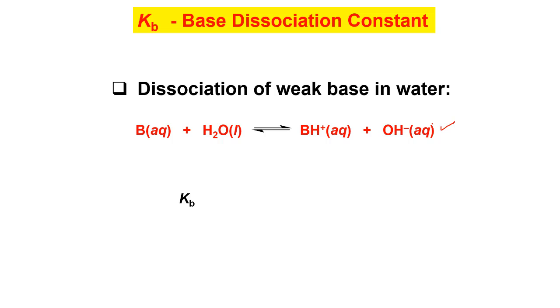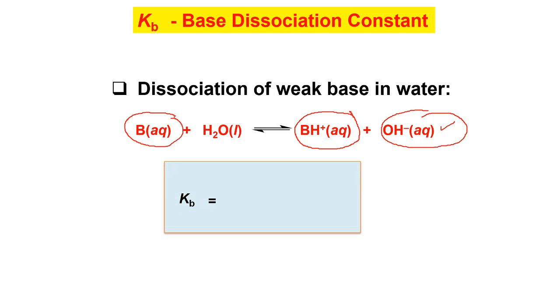Lebih kurang macam Ka expression. So kita tengok bahagian produk yang species itu dalam keadaan aqueous. So we have BH plus aqueous and OH minus aqueous. And bahagian reactant kita ada B aqueous. Jadi Kb is equal to the concentration of BH plus times concentration of OH minus divided by concentration of B.